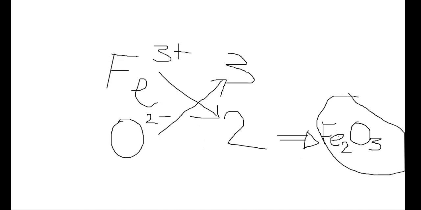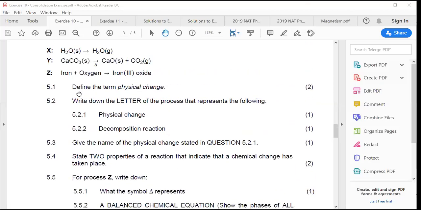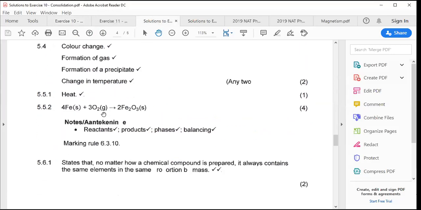Then we go to that question that we're dealing with. So your formula here is going to be Fe, then you've got your O2, and you've got your Fe2O3. Then your answer should look like this. There's your final answer.